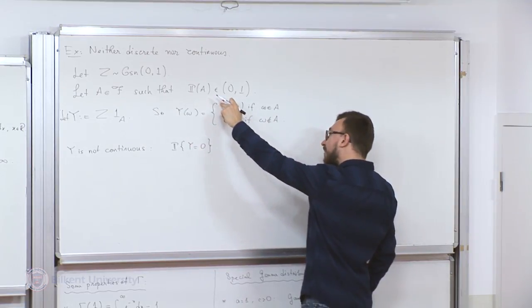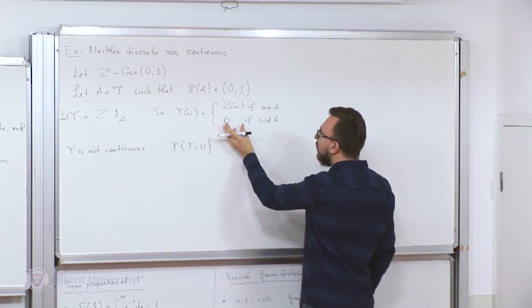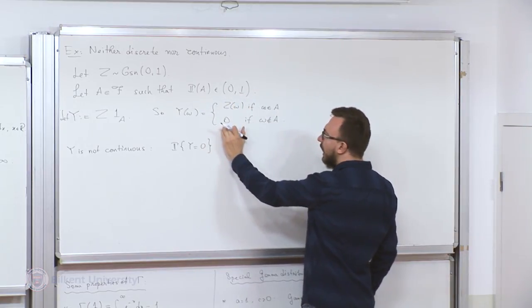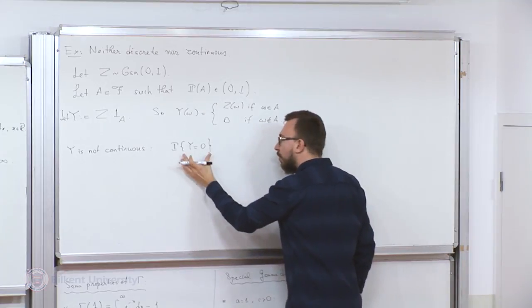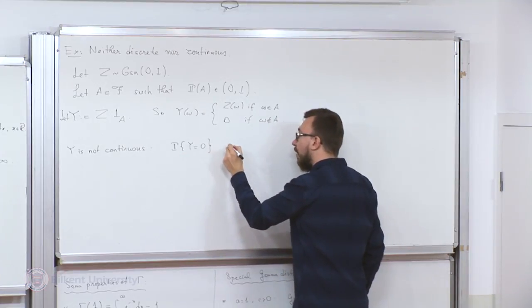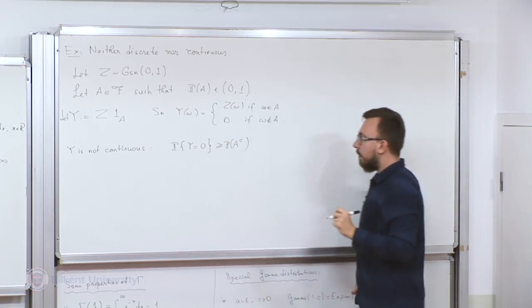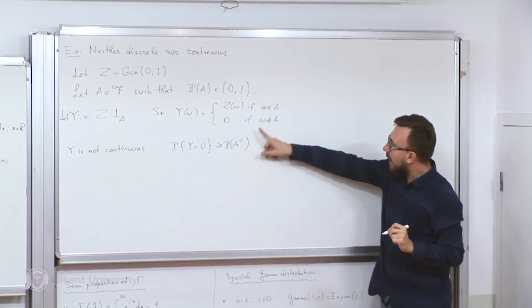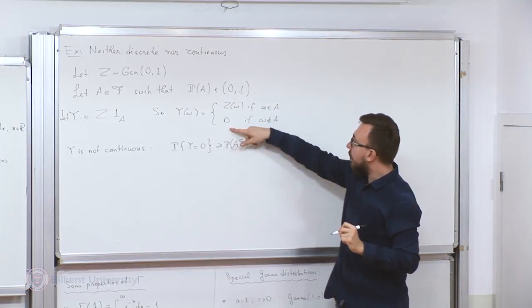Z itself can attain the value 0, but outside the set A, we already have that value 0. So for sure, this is a superset of A complement. If omega is in A complement, Y is 0.